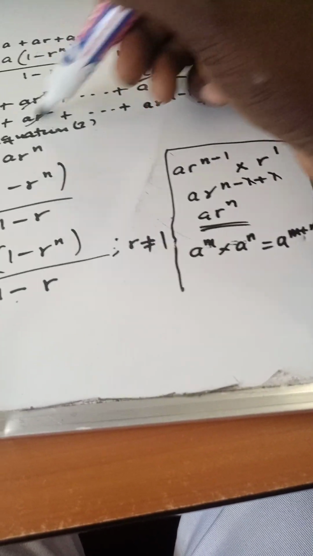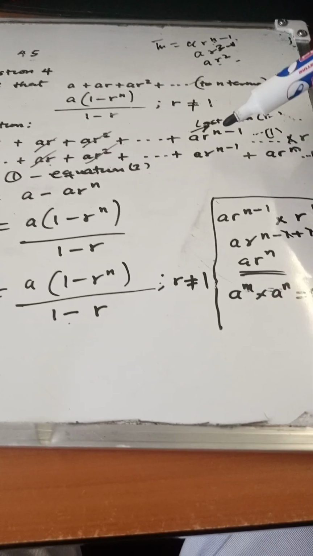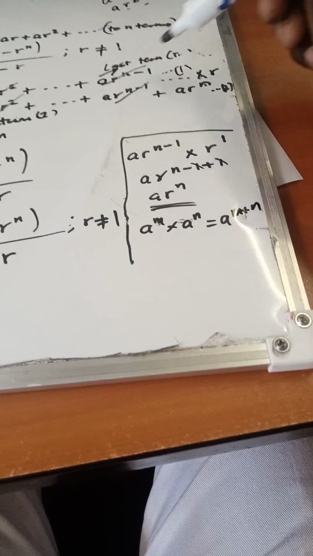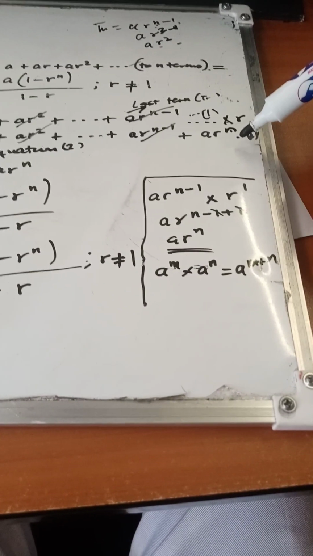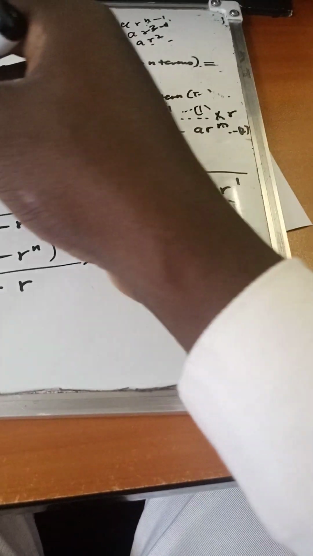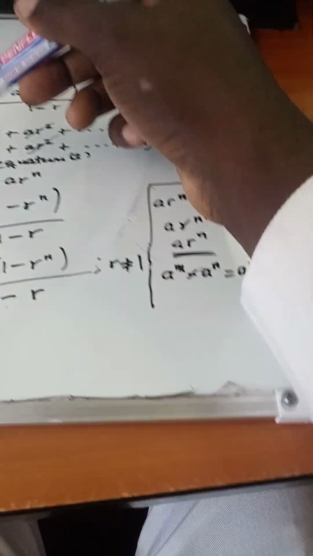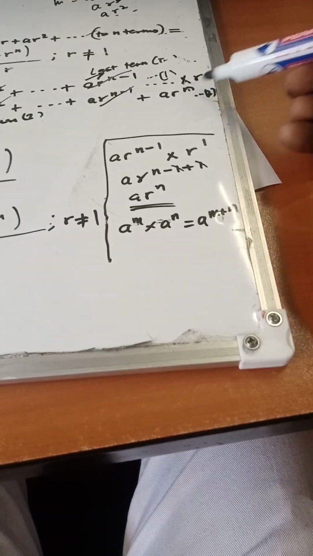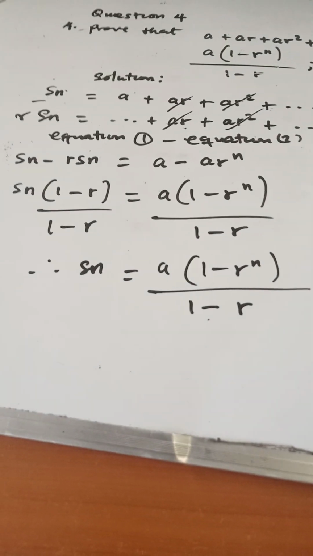Then the ar squared will cancel the ar squared. The last term will cancel the last term, and here we'll be left with ar to the power n. So now you will see I have Sn minus rSn, then it will be now a minus what is left here, ar to the power n, like you can see here.